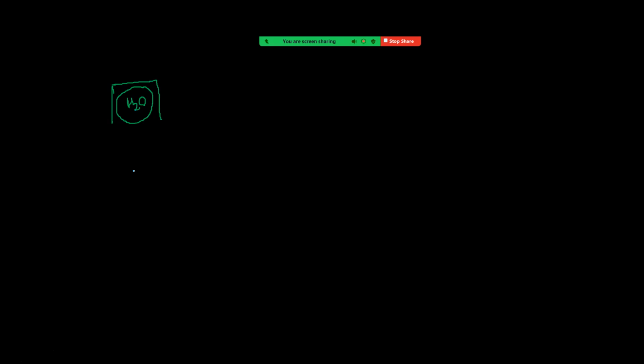Suppose this is the center of the circle. The bucket follows a circular path like this. Now see how many forces are acting. One is mg downwards, towards the center.